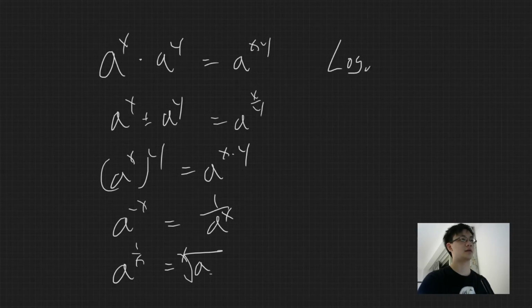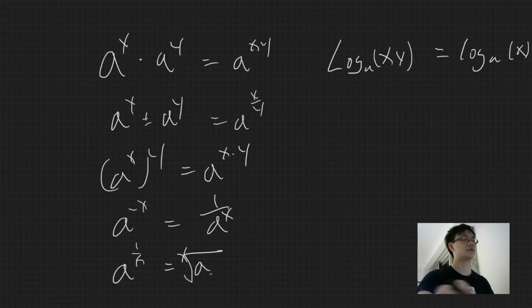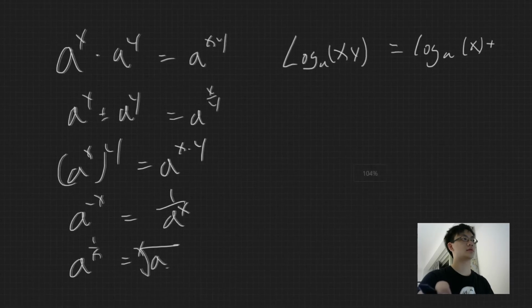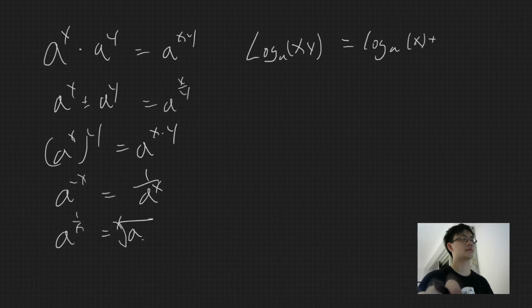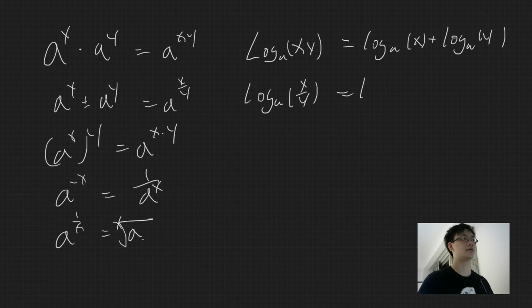Then let's look at the logarithm ones. So log base a of xy equals log base a of x plus log base a of y. Similarly, log base a of x over y equals log base a of x minus log base a of y.